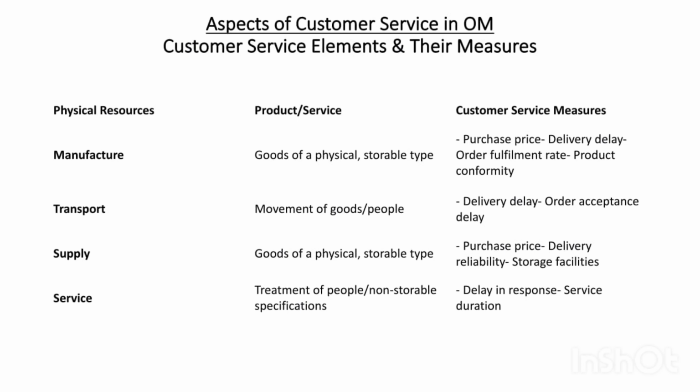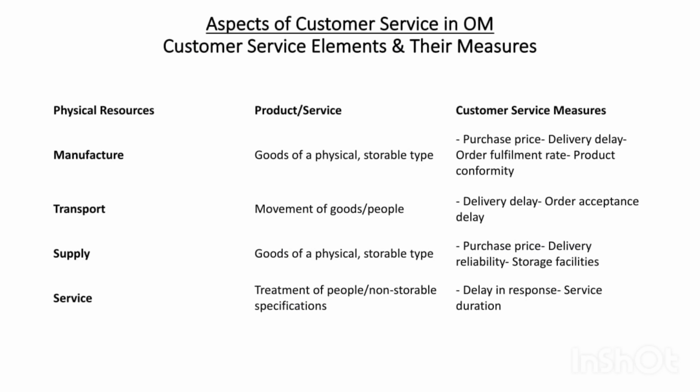Operations management doesn't just say give quality, it defines measurable elements for each type of business. Measuring customer service helps to reduce costs. It means we manage the physical resources to deliver the product or service in a way that meets customer expectations. You can't improve what you don't measure.